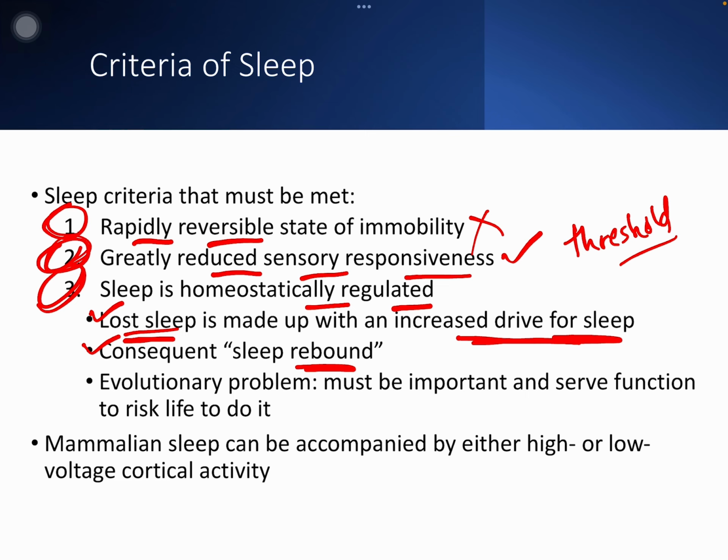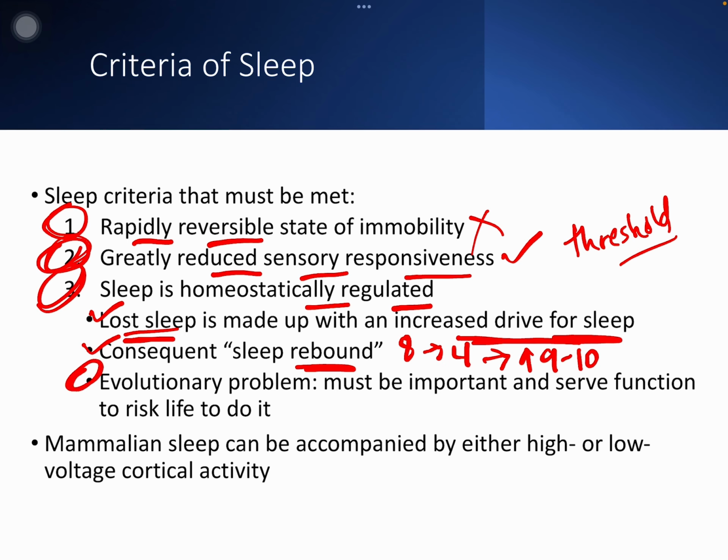So if you say an organism has to sleep 8 hours, that's their normal, okay? And then you deprive them and make them sleep 4, the next night we should see this number increase, maybe to 9 to 10 hours. We should see a rebound. We should see the animal is trying to get more sleep and rebound that effect.